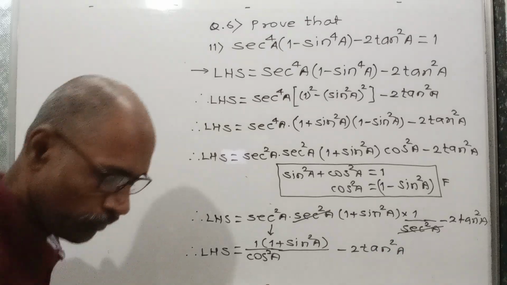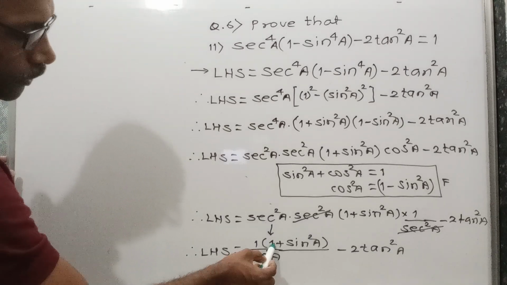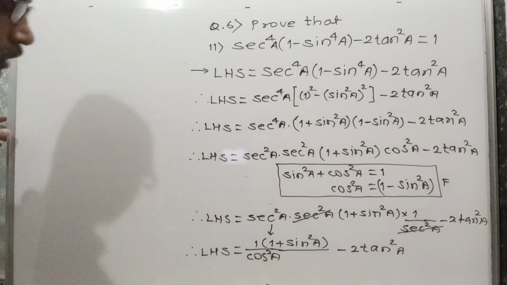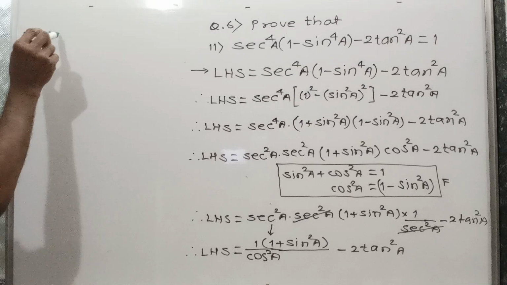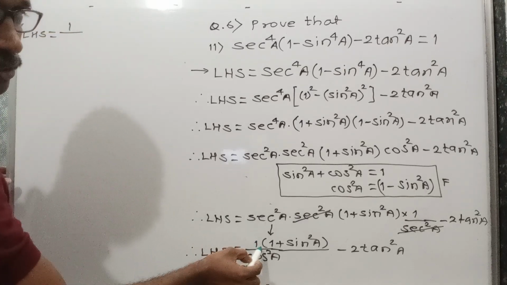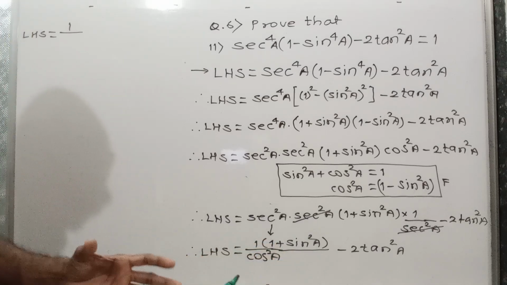Did you understand? Now see, this denominator we give separately to 1 and to sin² a. Therefore LHS is equal to 1 upon, now this is not important, 1 into anything, then that term stays as it is.